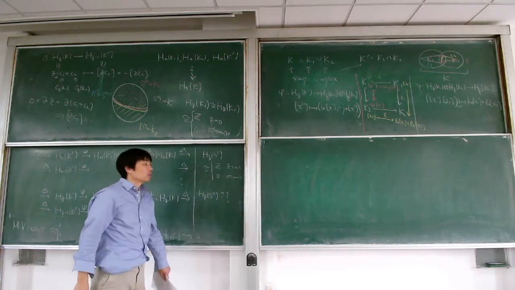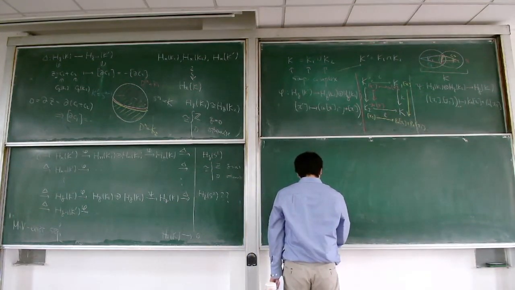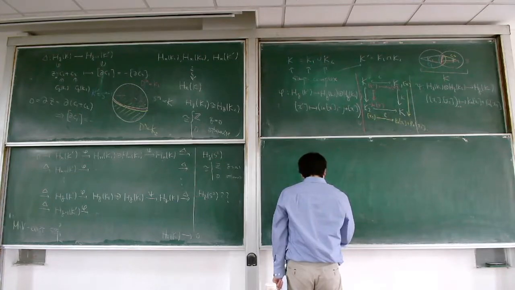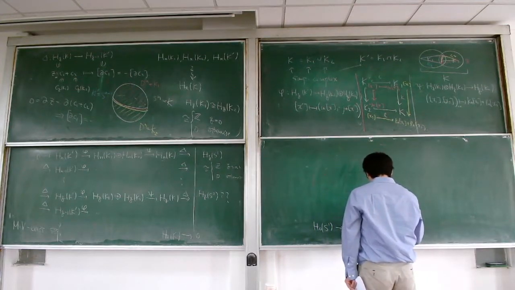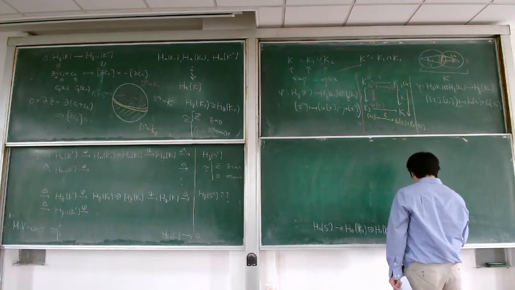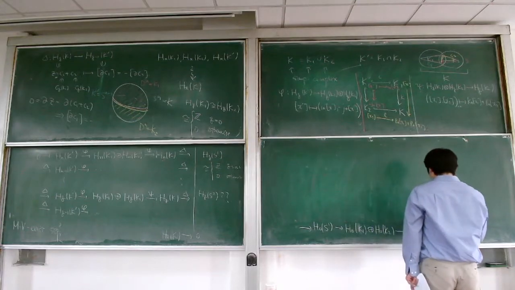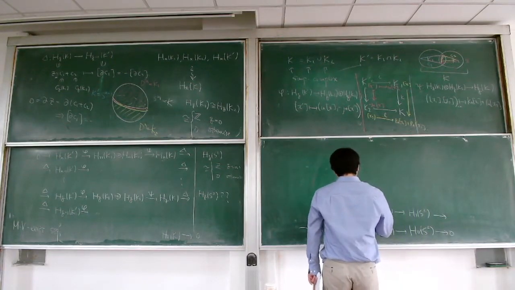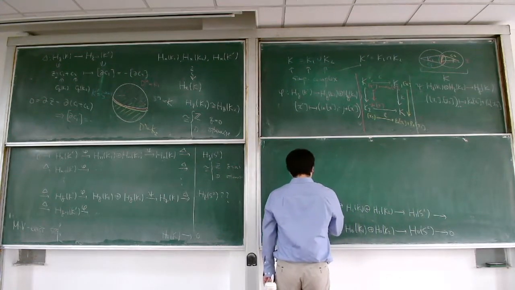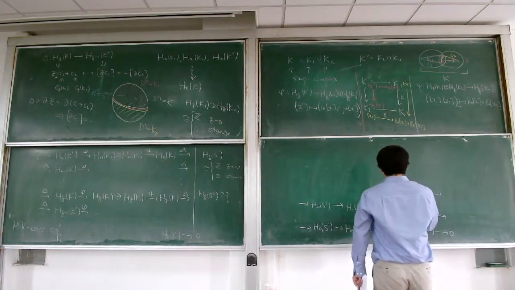So we use this one: H0 of S1 goes to H0 of K1 plus H0 of K2, which is mapped to H0 of S2, then 0, and there's a boundary delta coming from H1 of S2, and then H1 K2, H1 K1, and H0 S1, and I just want to consider H2 of S2, and so on.